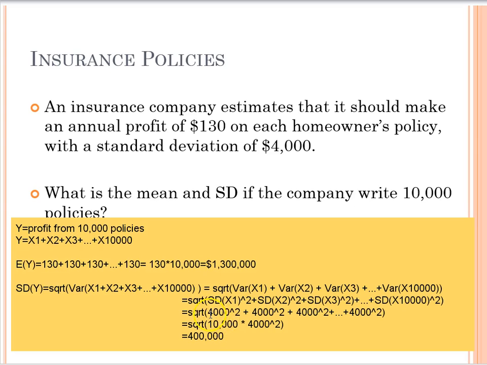You can see that there is 10,000, 4,000 squared. So this is 4,000 squared 10,000 times, and that's what I'm summing up here. So that's equivalent to saying 4,000 squared times 10,000. We'll square root that for a final answer of 400,000.